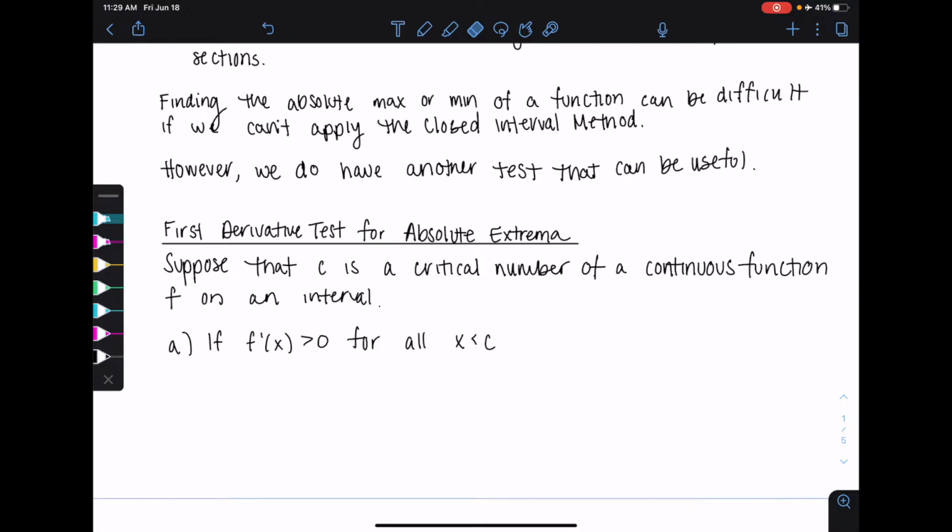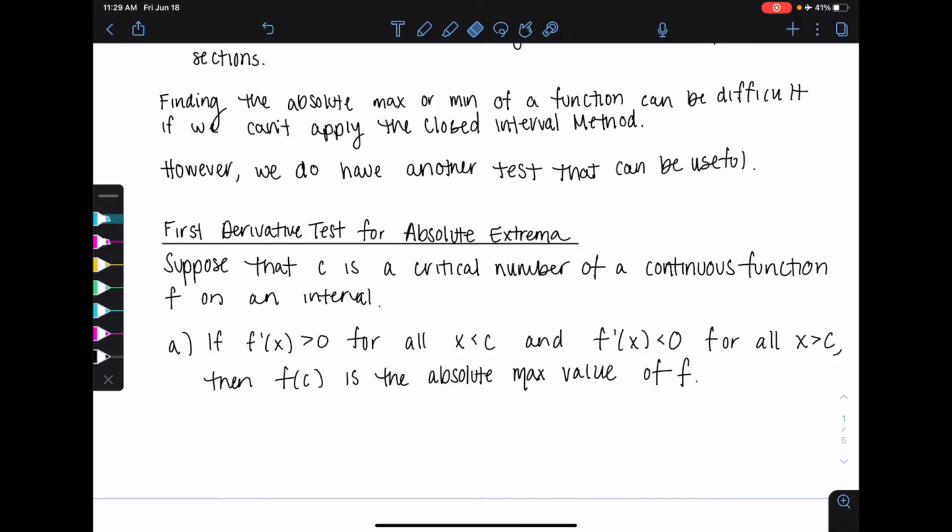So if your derivative is positive on the left half of your critical number, so that means it's increasing up to C, and the derivative is negative after C, so it's decreasing after that point, that is the only classification that you have for these. It's always increasing up to C, always decreasing after that. Then this y value corresponding to C will be your absolute max value.